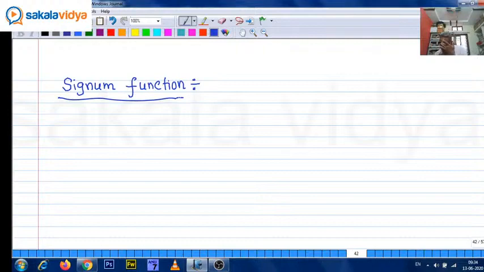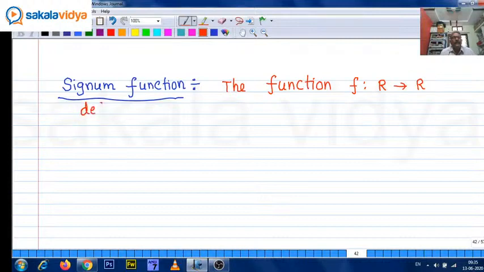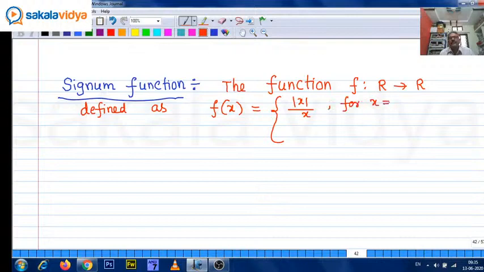The function f maps R to R, defined as f of x equals mod x by x for x not equal to 0, and 0 for x equal to 0. This type of function is called the signum function.